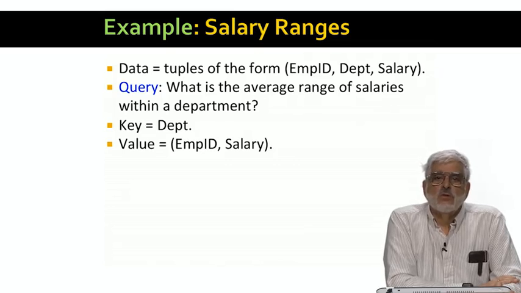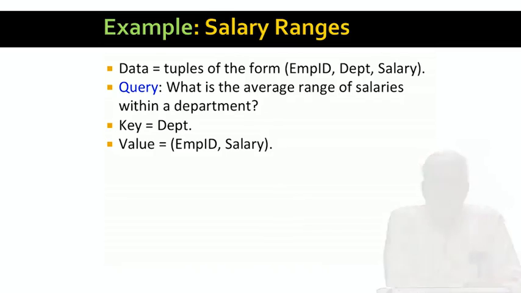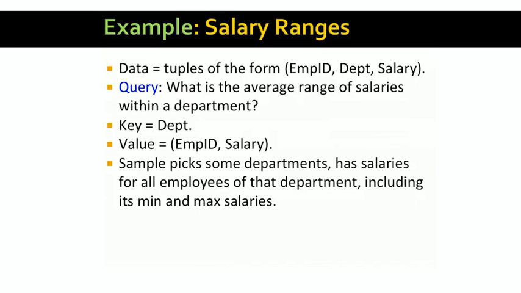The right way to sample is to treat only the department component of tuples as the key, and the other two components, the employee ID and salary, as the value. In general, both the key and value parts can consist of many components. If we sample this way, what we're doing is sampling a subset of the departments, but for each department in the sample, we get all its employee salary data, and we can get the true salary range for that department.